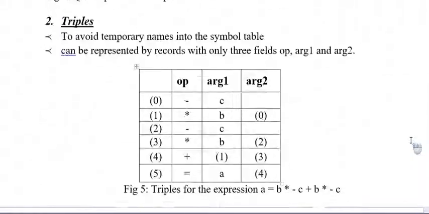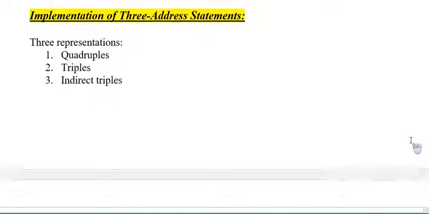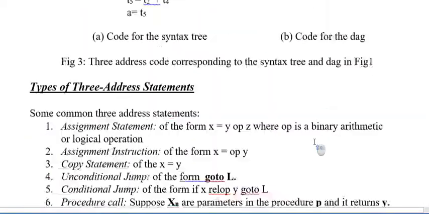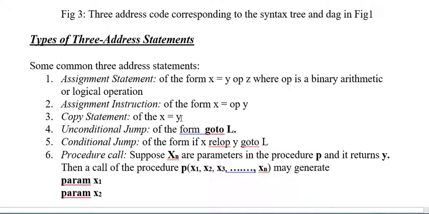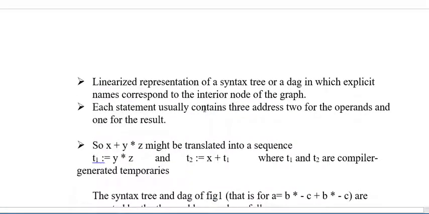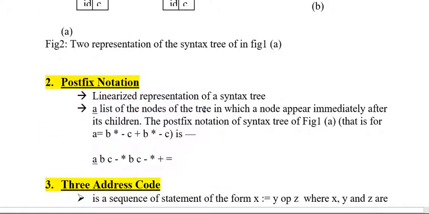In this section we have already seen many topics in intermediate code generation, but the most important parts are quadruples, triples and indirect triples. Then the types of three address statements are very important from the exam question view. Then we also need to know how to generate a DAG.